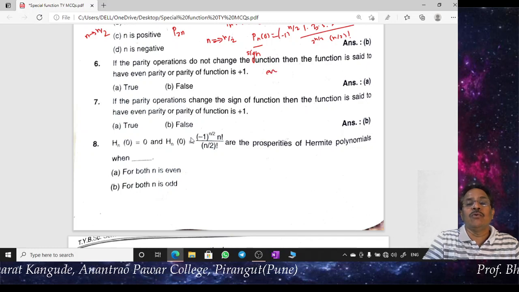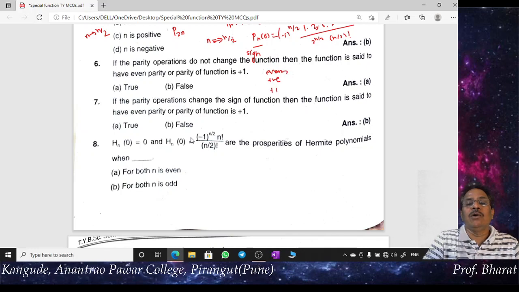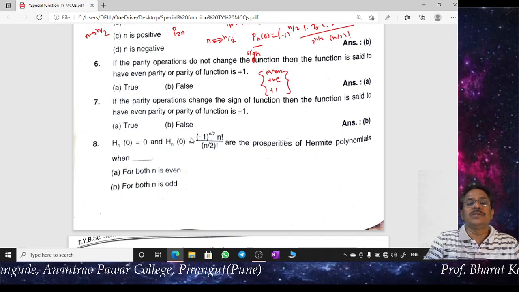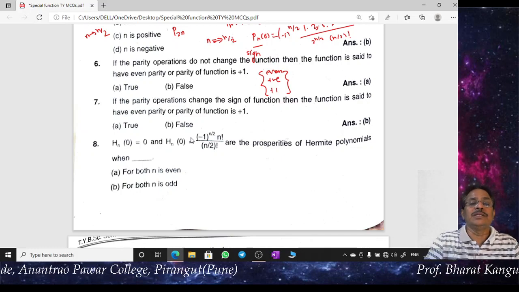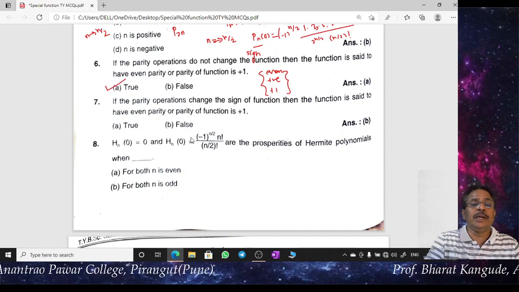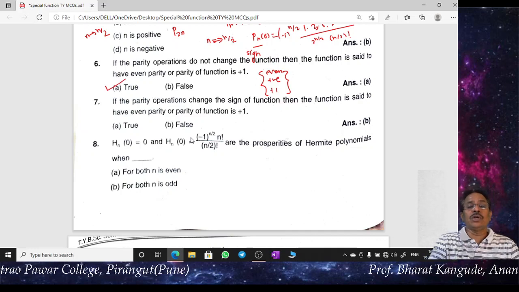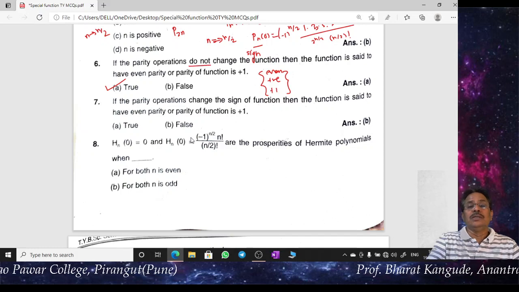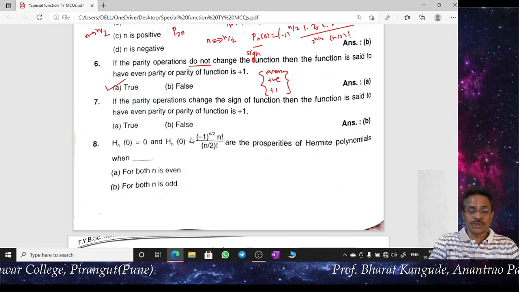So either you can go for even, positive, or plus 1 parity. All these are the same. All these functions which have this type of parity are called even parity functions, and therefore this is the true statement. We are asked whether this statement is true or false. If the parity operations do not change the sign of the function, it is said to have even parity. So this is the true statement.